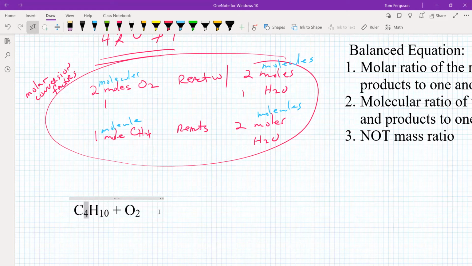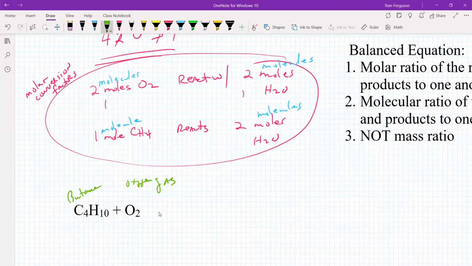Okay, so this is butane, and this is oxygen gas.